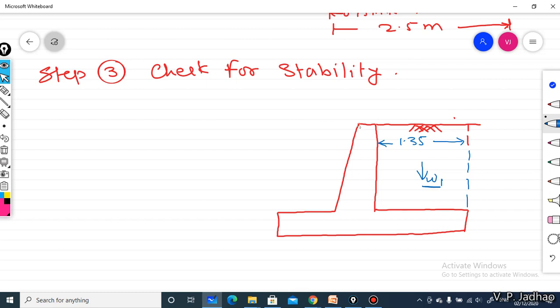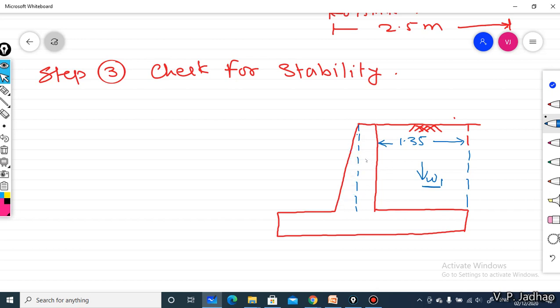Then we can divide this particular stem in two parts, that is this rectangular portion and this triangular portion.